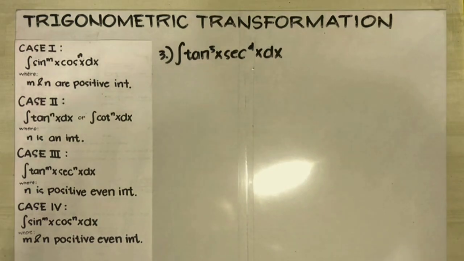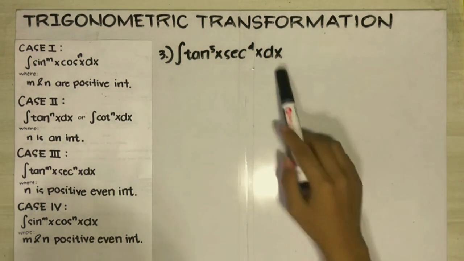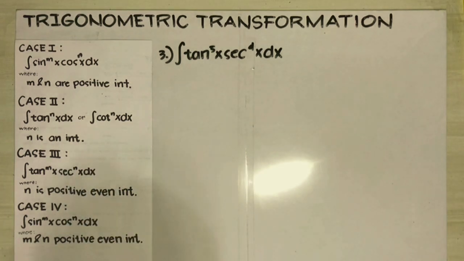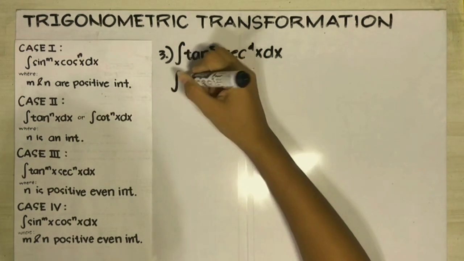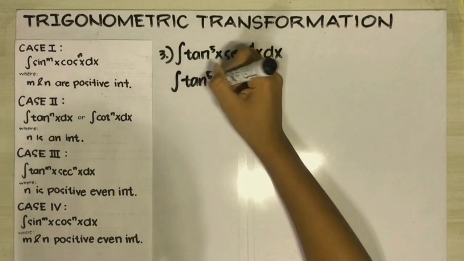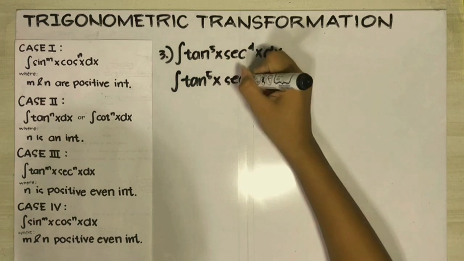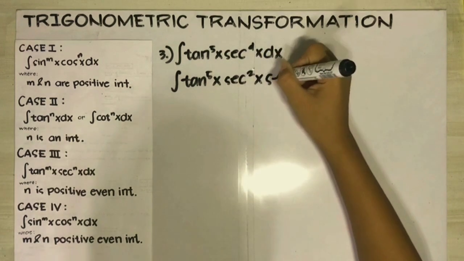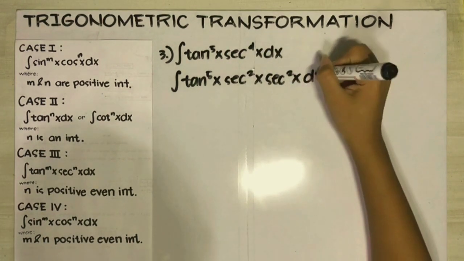So for number 3, the integral of tan to the 5th power x times secant to the 4th power x dx. As we can see in the cases, this is case number 3, where n is a positive even integer. For our first step, we can split the secant to the 4th power x into secant square x times secant square x.